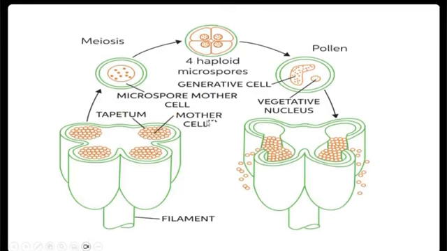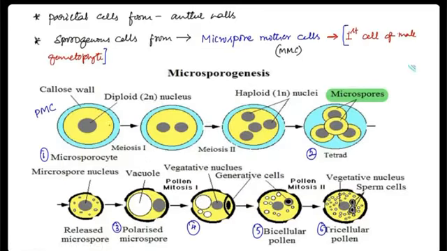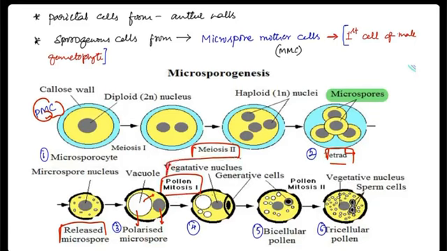Different stages. So this is microsporogenesis, where the pollen mother cell undergoes meiosis, which gives you the pollen tetrad, and with the formation of the big vacuole, there will be a big vacuole and this small cell. After pollen mitosis 1, it is converted into a large vegetative cell and a small generative cell. From pollen mitosis 2, the generative cell is converted into two sperm cells.